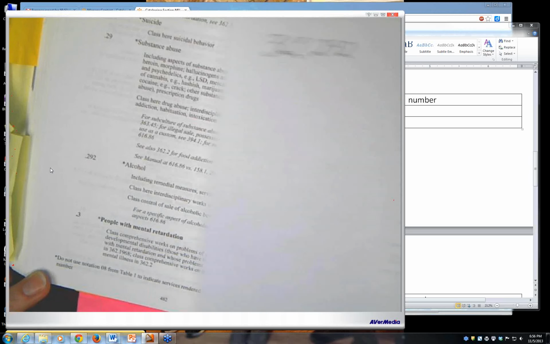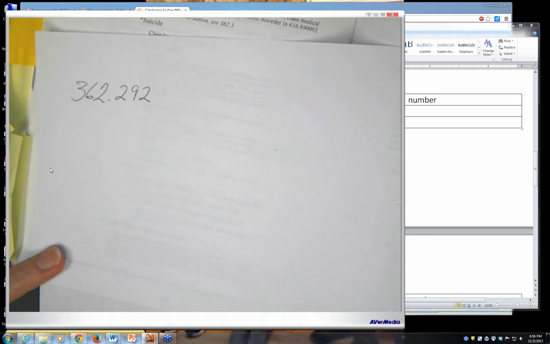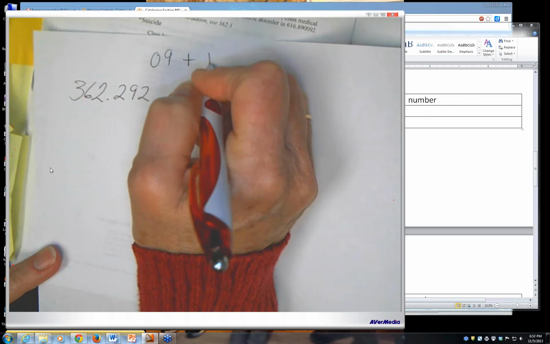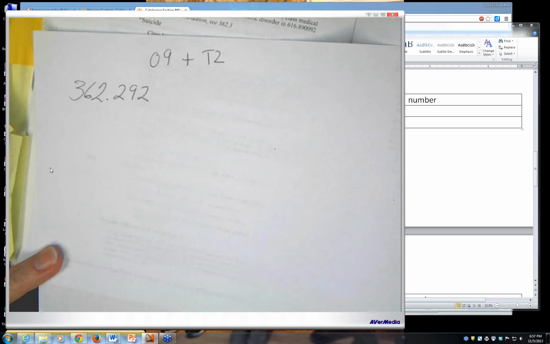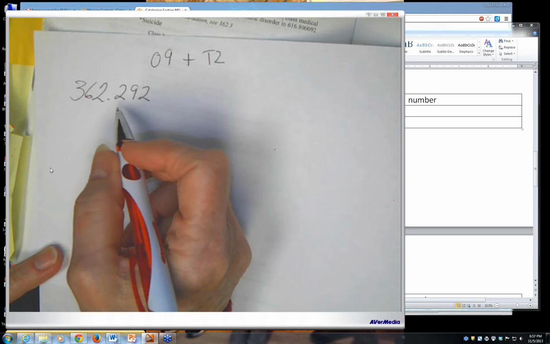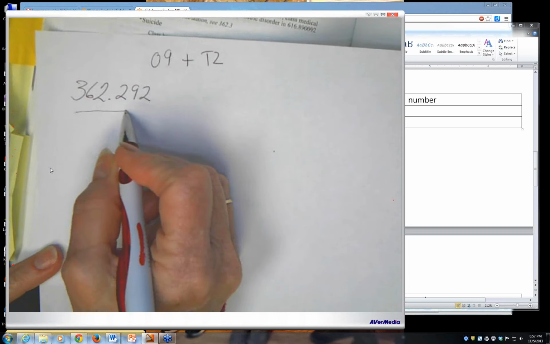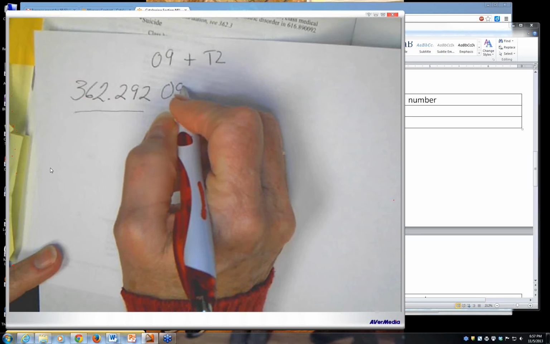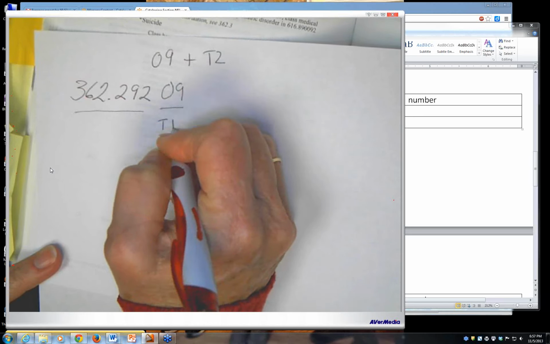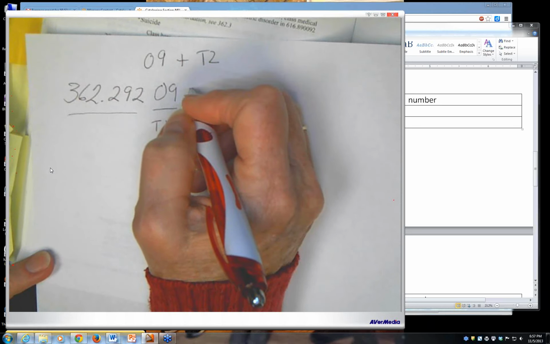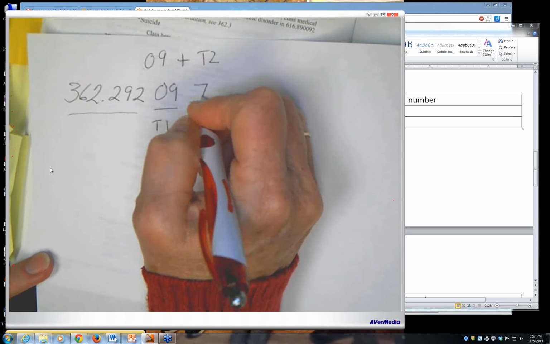I can still use Table 2, as you recall, with the interposition of 09 from Table 1. So, treatment of alcohol abuse, this number right here in the schedules, in the United States, add 09 from Table 1, and then our number for the United States of America, which is 73.